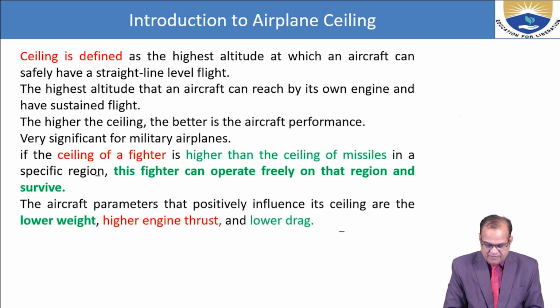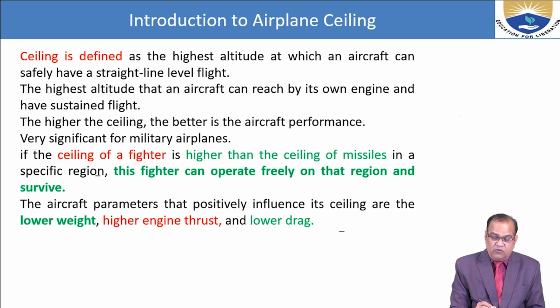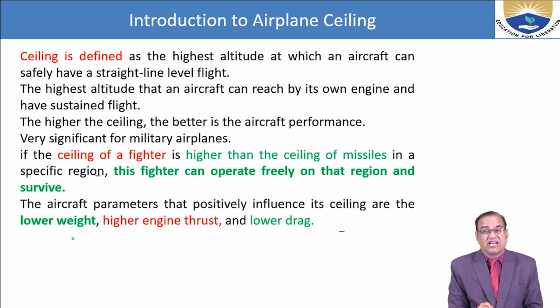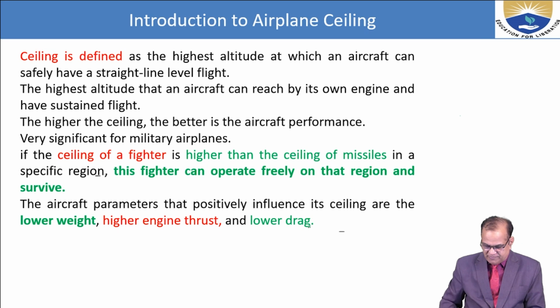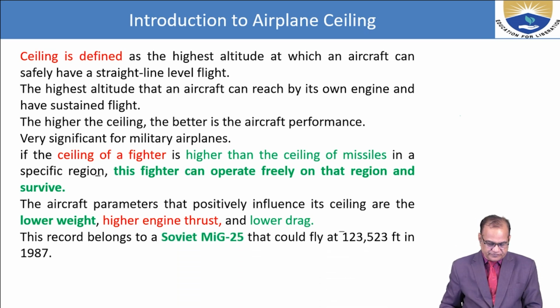The aircraft parameters that positively influence its ceiling are lower weight, higher engine thrust and lower drag. If the weight of the aircraft is less, it can go to high altitude. If the engine has more power, it can go to high altitude. And if the drag is less, it can go to high altitude.